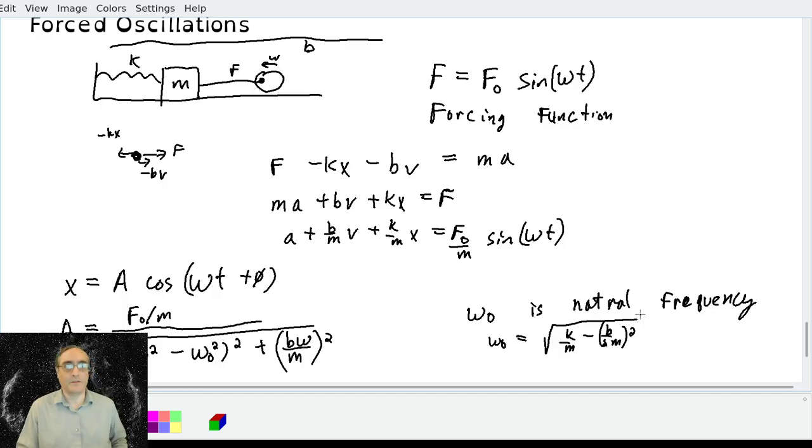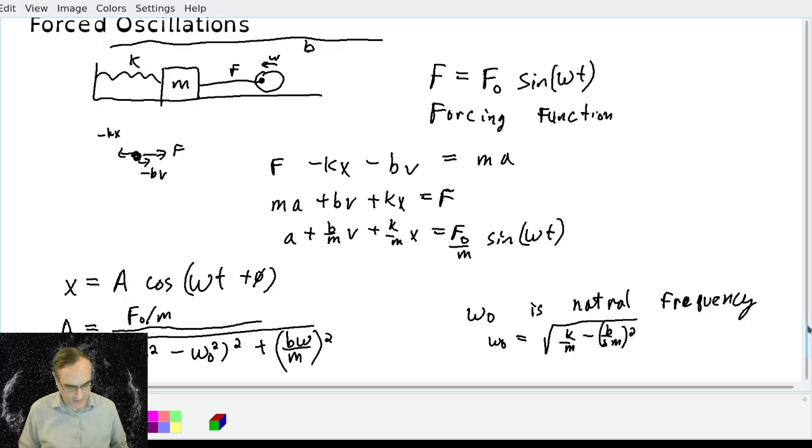So the natural frequency would be whatever frequency the object would oscillate at if you gave it a push and then stopped and you didn't try and force it. You just let it oscillate on its own. So for instance, in a swing, it would be whatever frequency the swing would oscillate at if you just gave it a little bit of a push and then let it swing back and forth on its own. Or a mass on a spring, you push it a little bit to the side and let it just naturally oscillate on its own.